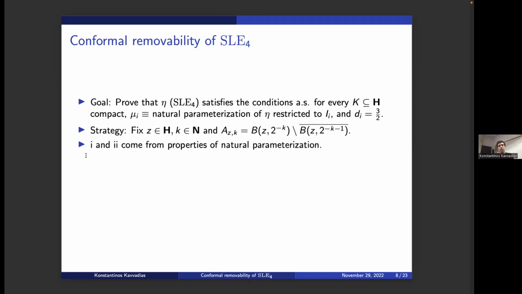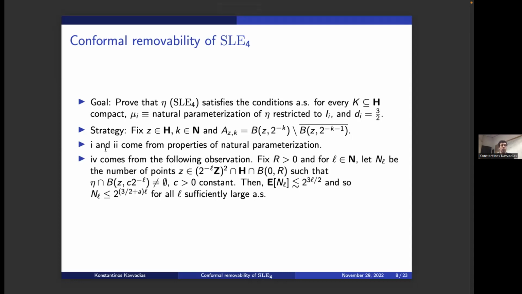So as I mentioned earlier, 1 and 2 come from properties of natural parameterization, and they're not very hard to see. Condition 4 comes again from the following observation: if we're in the upper half plane and we fix a large ball, but fixed, and we take a very fine grid of points on that ball, and for L large we count the number of points such that the SLE4 intersects a ball of radius of order 2^(-L) centered at those points, then the expectation of the number of those points will be at most a constant times 2^(3L/2).